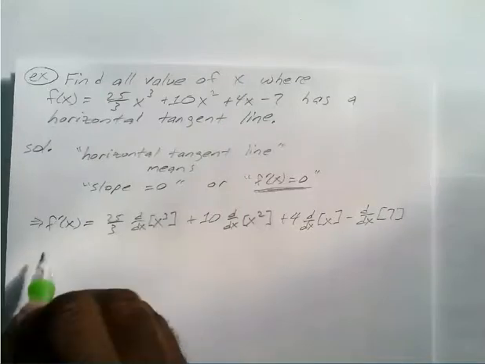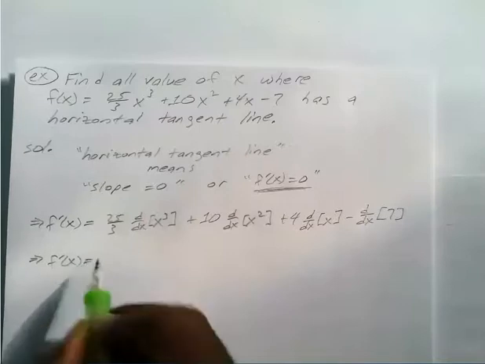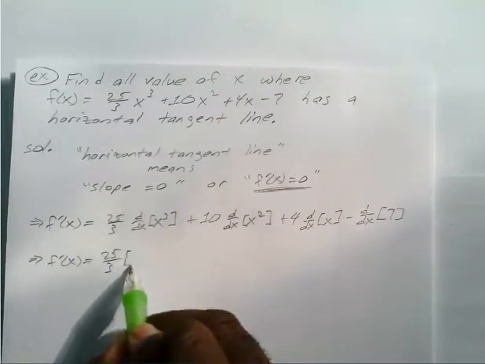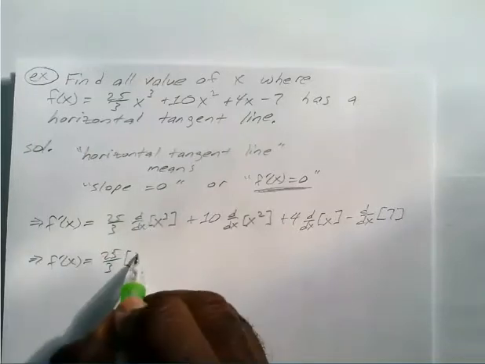Alright, so your f prime of x is going to equal, you have your 25 over 3, derivative of x to the third, going to bring down your 3.